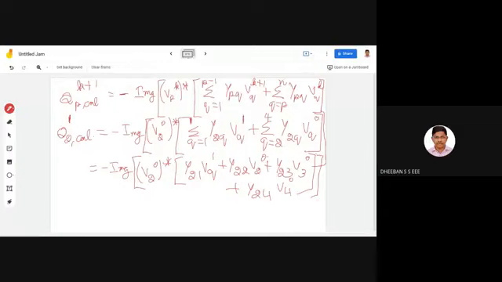After this you have to substitute the values. So we'll be getting minus imaginary of 1.04 into (minus 1 plus 5j).